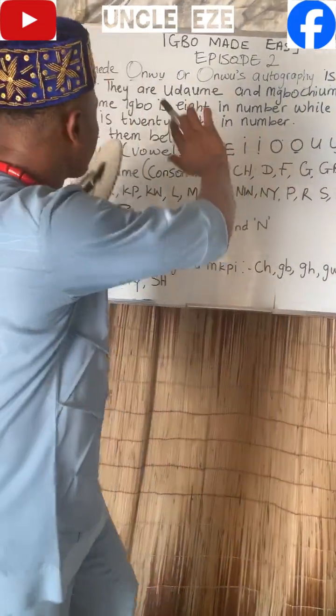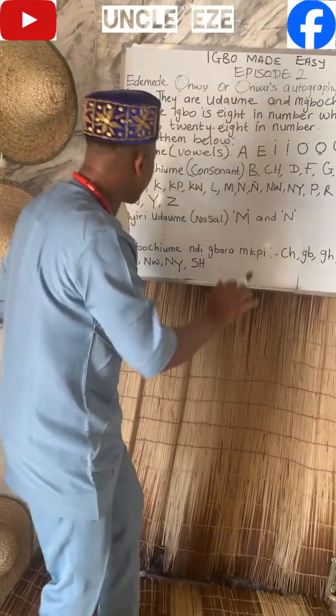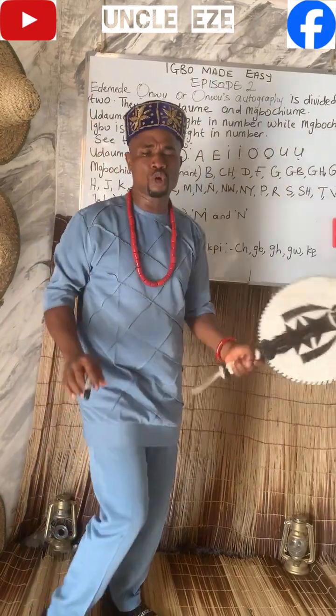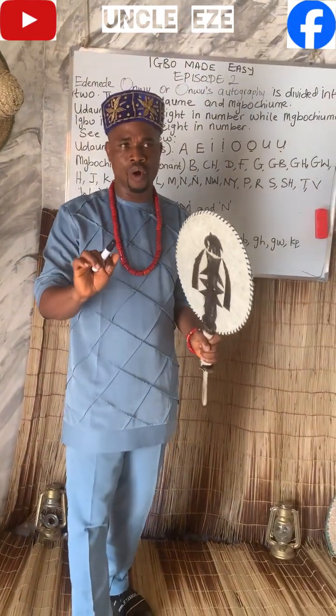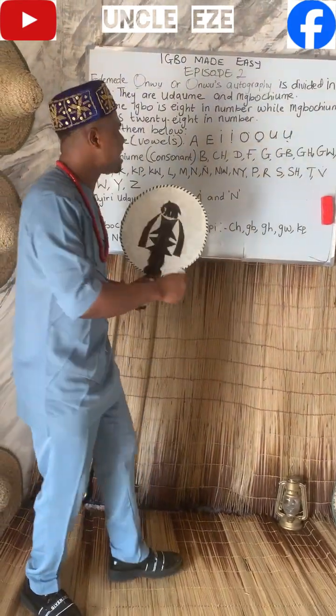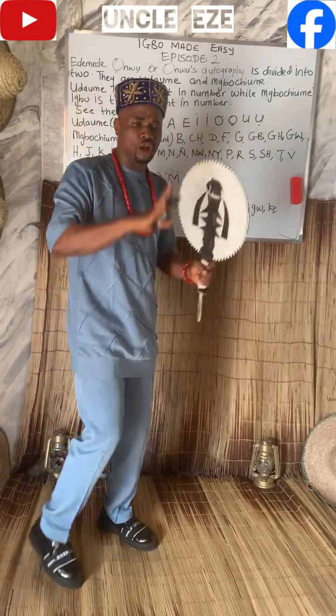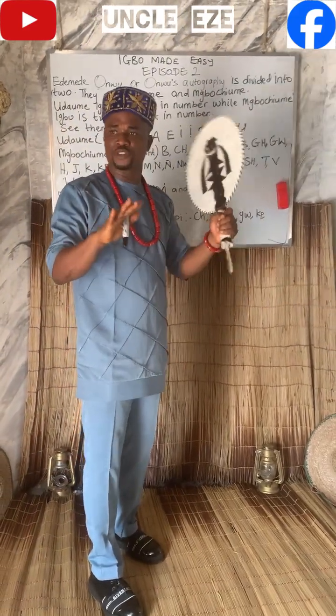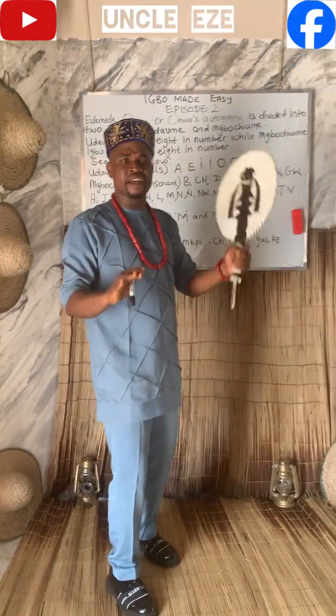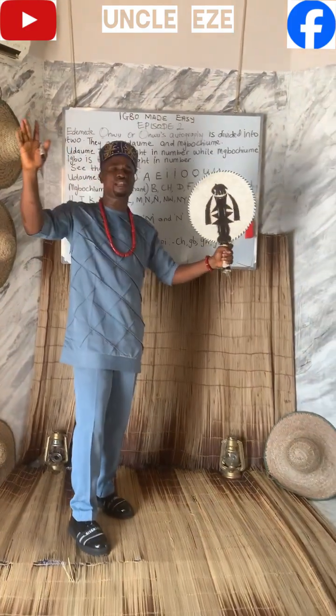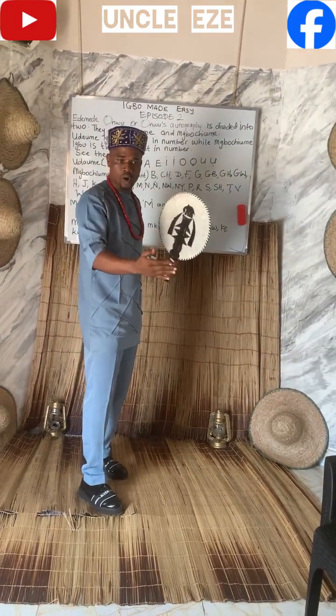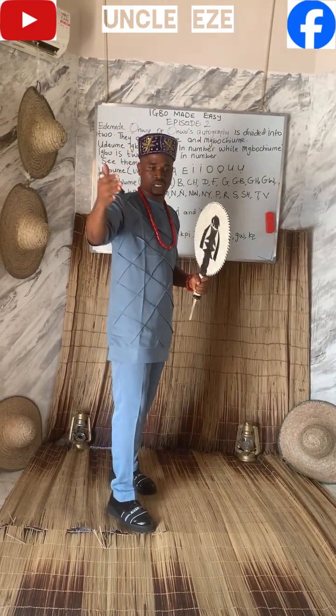I want you to take a look at this, because in our next class we will go practical, we will go raw, we will go into getting the names based on 2-lettered words, 3-lettered words, 4-lettered words, 5, 6, 7, 8 to 10-lettered words. I'll be giving you words in Igbo and we'll be translating them into English.